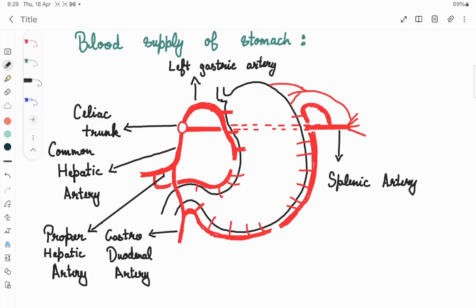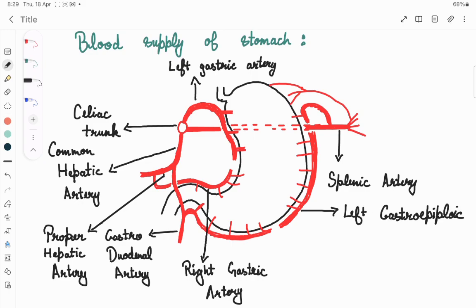So then the story goes that the proper hepatic artery gives off a branch called the right gastric artery. Then we have a branch of the splenic artery, the left gastroepiploic artery, which is a branch of the splenic artery.